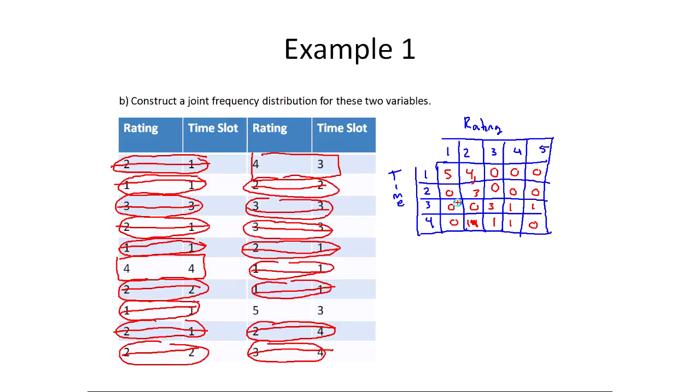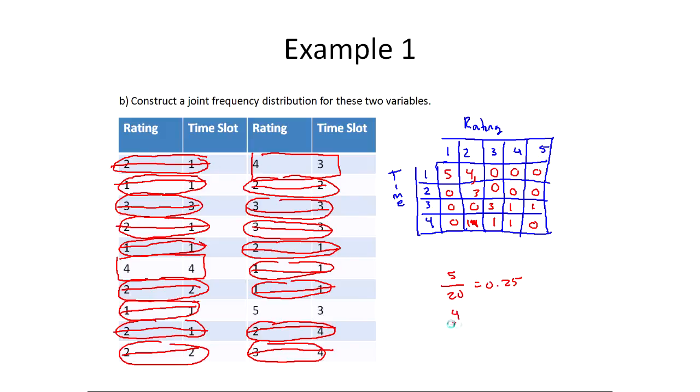Now, let's say that I asked you to make this into a relative frequency distribution. Well, the only thing you would do now is divide by the total. So I would have the same thing, but instead of a 5 here, remember there were a total of 20? This would be 5 over 20, so 0.25. So I would put a 0.25 right here in place of the 5. This would be a 4 out of 20.